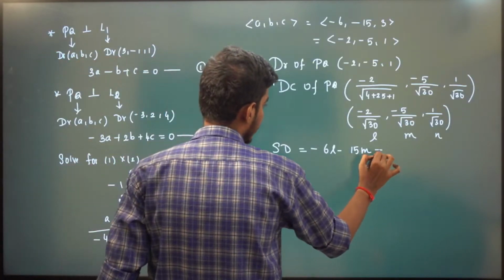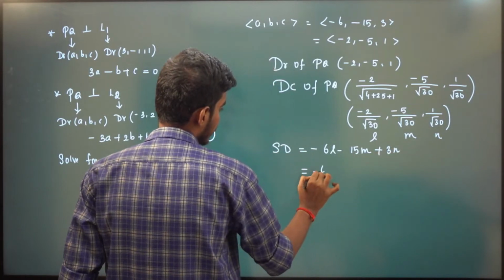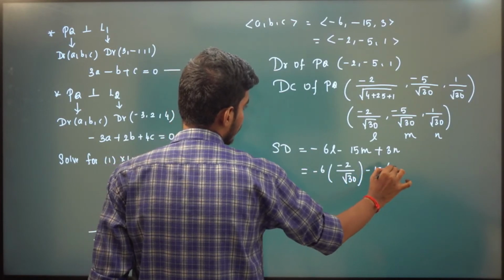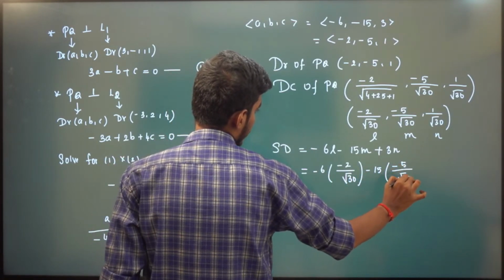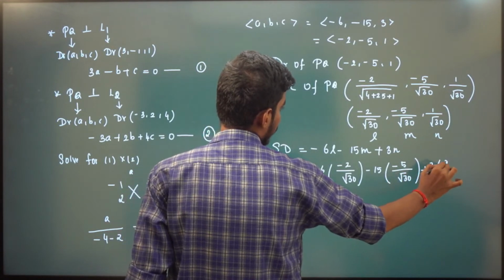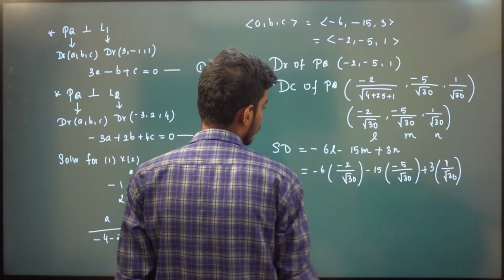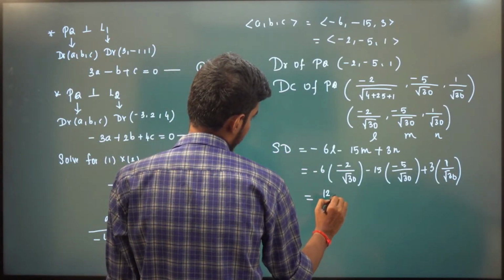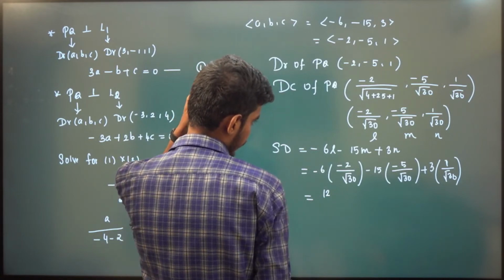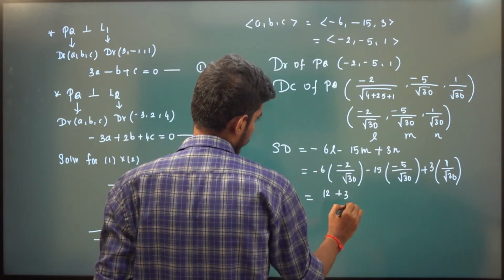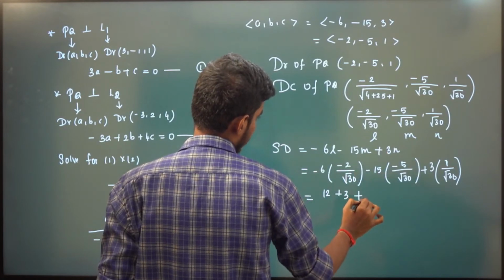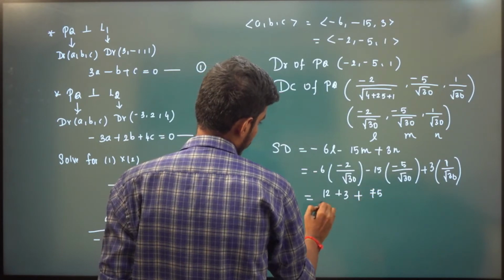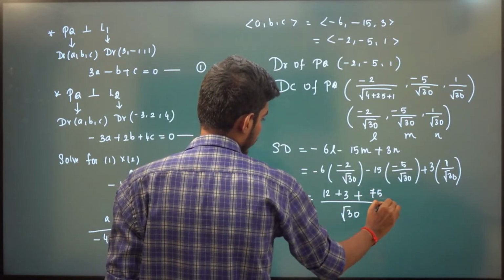This is the shortest distance. So minus 6 times L is minus 2 by root 30, minus 15 times M is minus 5 by root 30, plus 3 into N, 1 by root 30. So this will be 12 plus 3 plus 75, that is 90, divided by root 30.